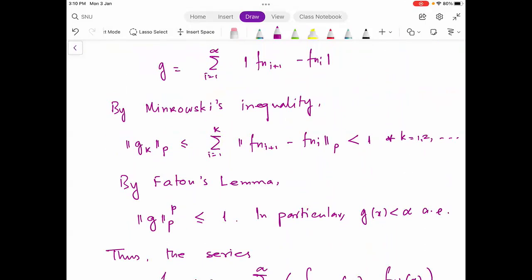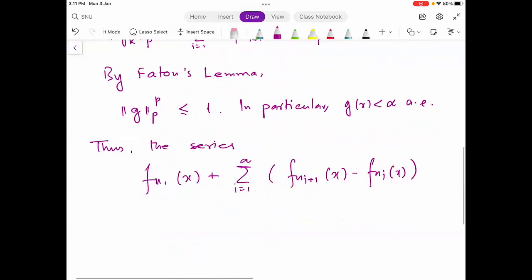So this means that the summation i equal to 1 to infinity of |f_{n_{i+1}}(x) minus f_{n_i}(x)| is a finite sum. The series converges for almost all x, except on a set of measure 0. Everywhere else, the sum of f_{n_{i+1}}(x) minus f_{n_i}(x) is an absolutely convergent series. Since it absolutely converges, it converges.